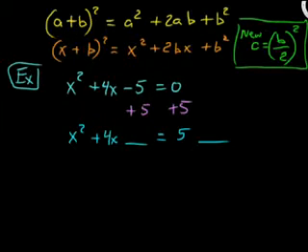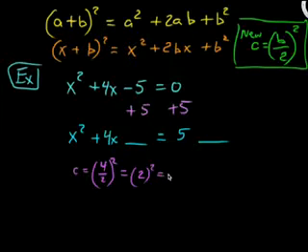So let's do that out. My b term is 4, so my new c is 4 divided by 2, all squared. 4 divided by 2 is 2, and 2 squared is 4. So I'm going to add 4 here, completing this perfect square trinomial.